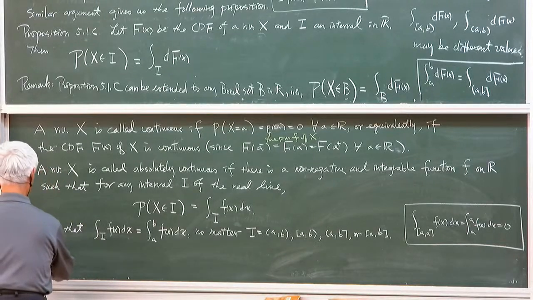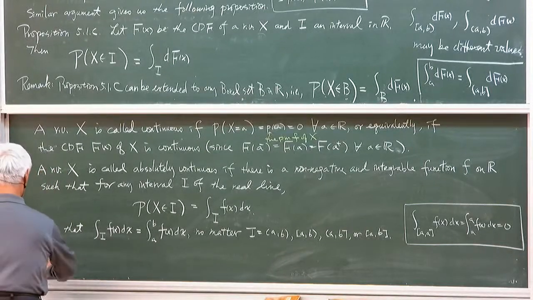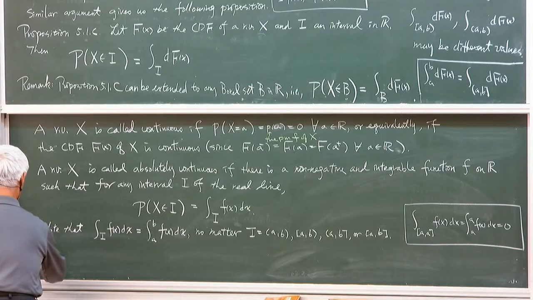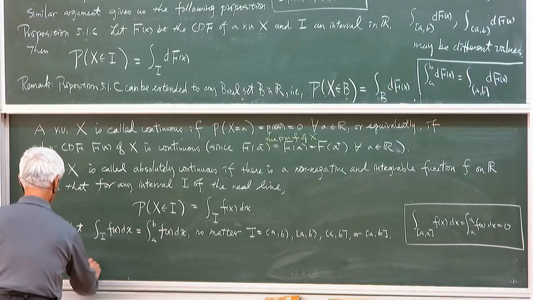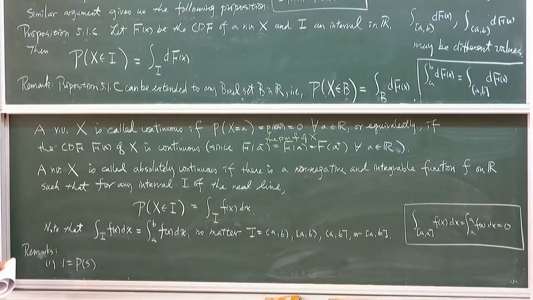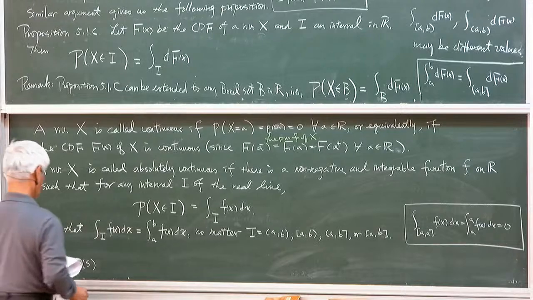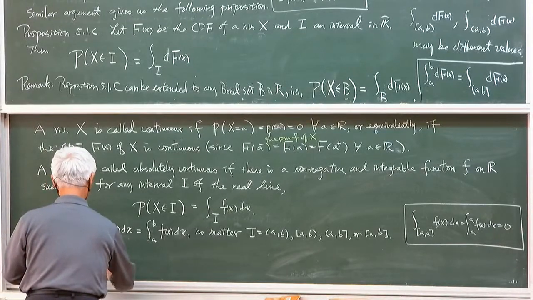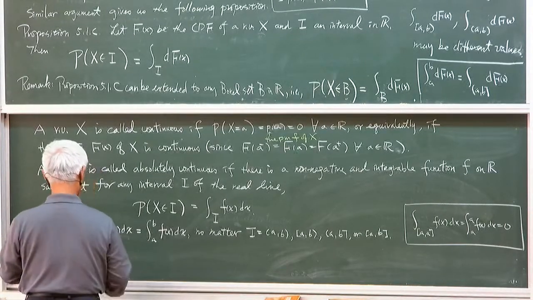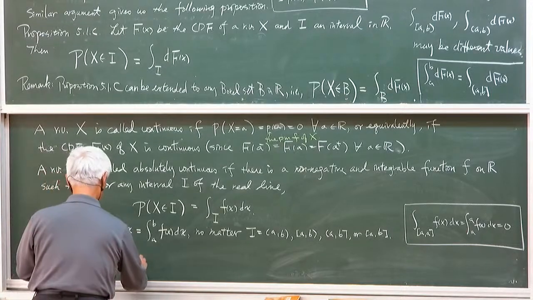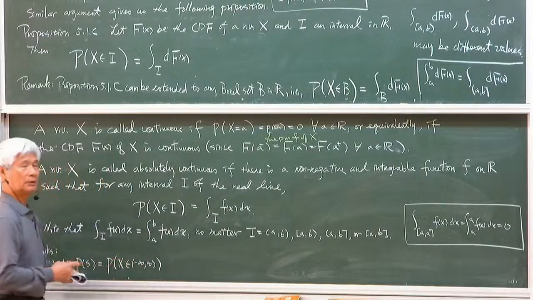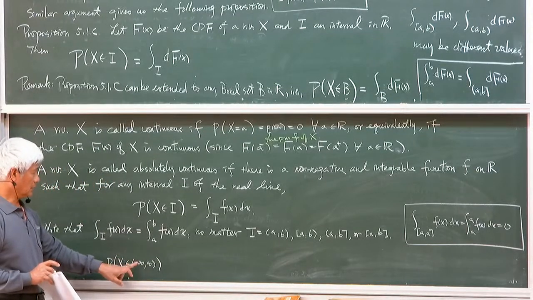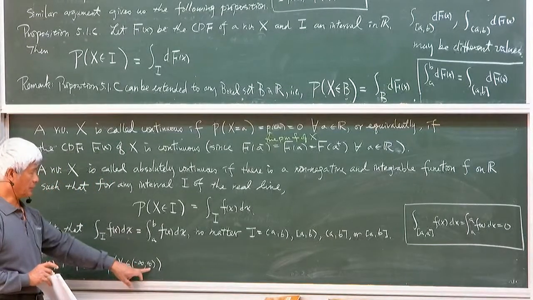And there are some points to make. So we mark here. The first one, because the total event has probability 1, and we know that the total event is equal to the event that the random variable has value between negative infinity and positive infinity, right?